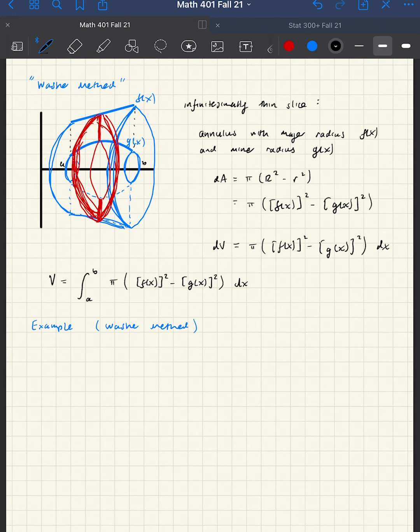So we're going to find the volume of the solid generated by rotating the region bounded by y equals x, y equals x cubed, and the first quadrant. The axis we're rotating about is the x-axis. So let's draw it real quick.